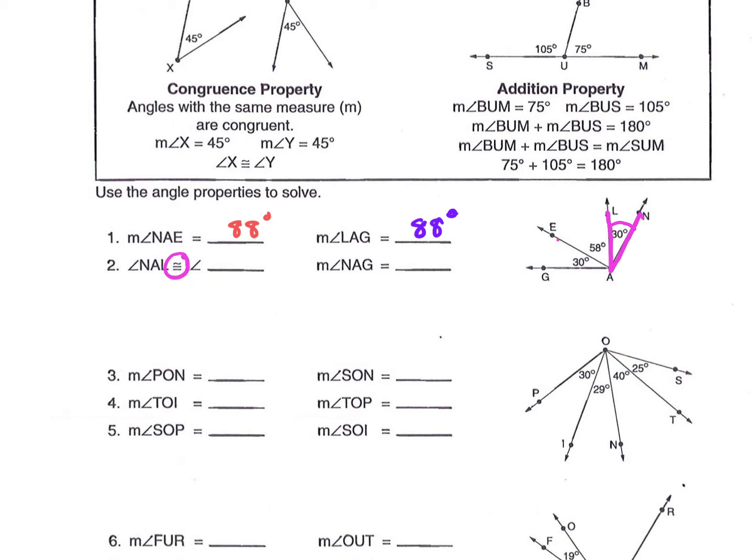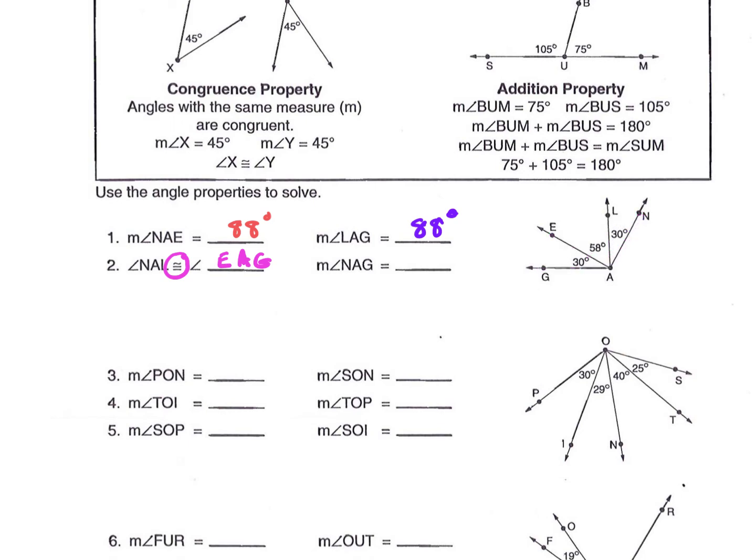And so you might be able to spot that. That is E to A to G. So you could say EAG, or you could also say GAE. And then our last question in this series says the measurement of angle NAG. So we're going to erase what we had marked on that.